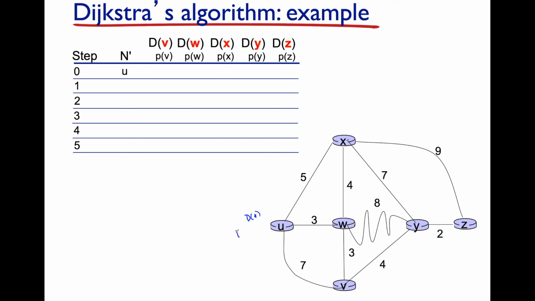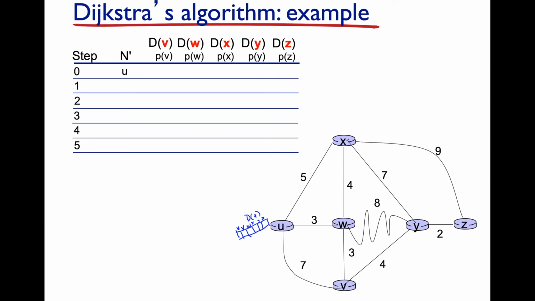Now, that distance vector, in this case, is going to have an entry to get to U, to V, to get to W, to get to X, to get to Y, and to get to Z. So this distance vector in U is going to have an entry for all of these nodes. There are 1, 2, 3, 4, 5, 6 nodes. So you're going to have 6 entries in the distance vector.